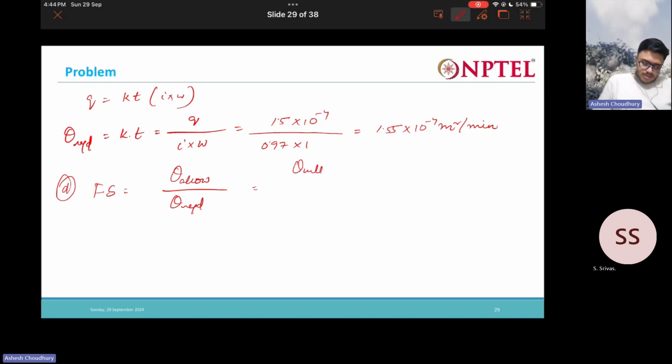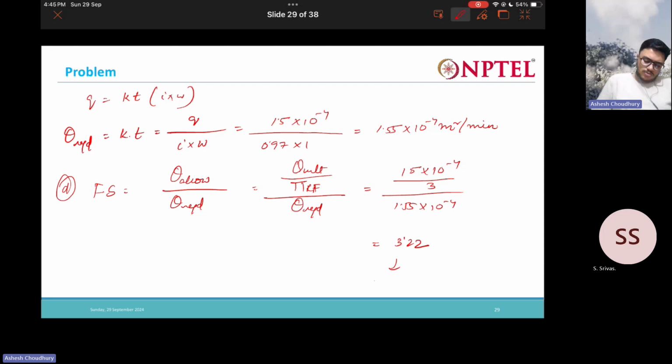Theta ultimate divided by the cumulative reduction factor gives 3.22.